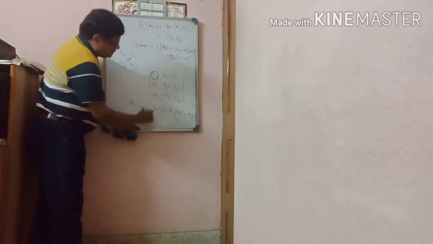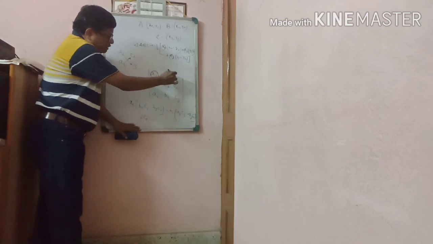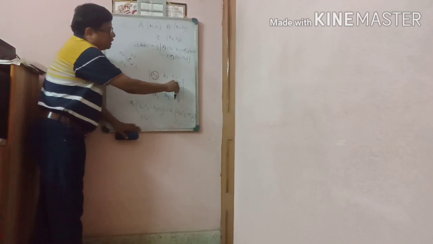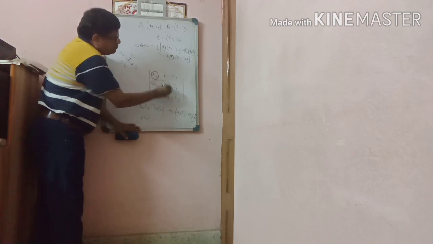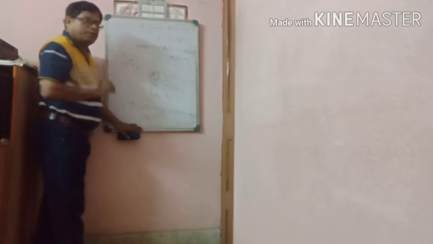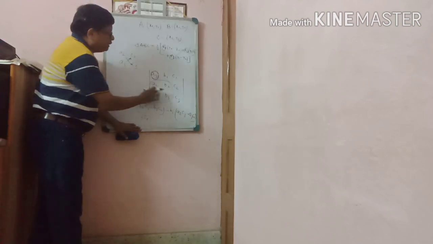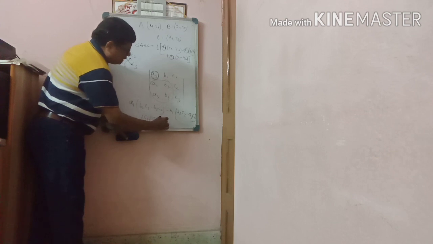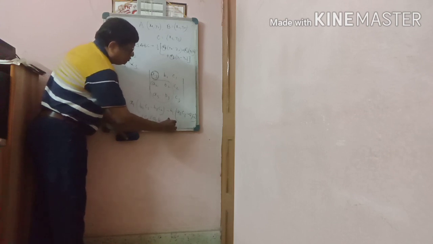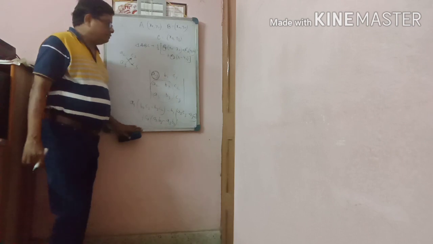Plus again c1, take c1, third column, first row removed, only this part is left. So a2 b3 minus a3 b2.